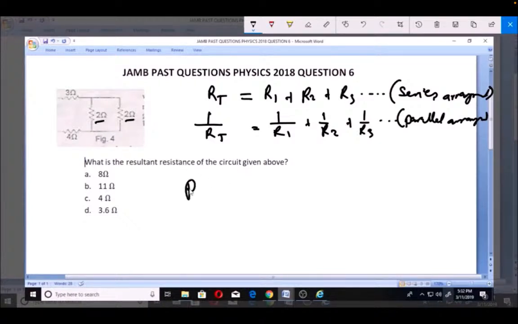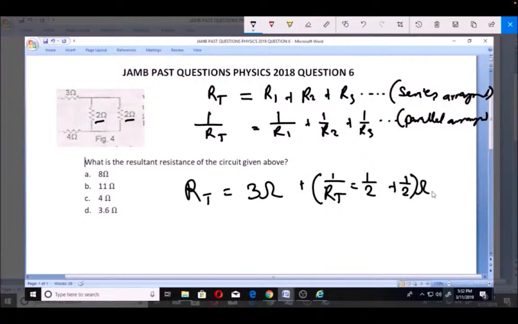So we can now have our R total equal to, this one is in series with both of this and this. So you have here 3 ohm, but these two are in parallel. So you can add the two of them together by saying that 1 over RT, they are in parallel, is 1 over 2 plus 1 over 2.